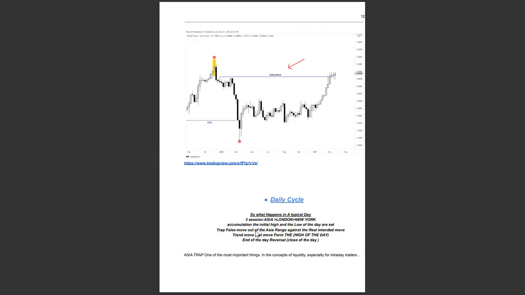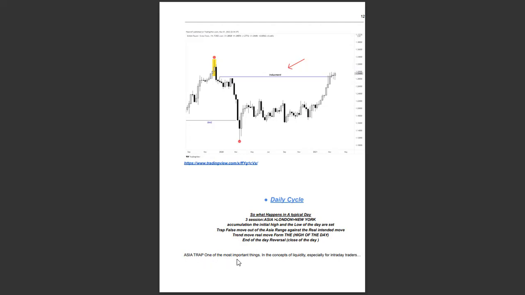Trap falls out of the Asia range, that means more like manipulations in the market out of the Asian range against the real intended move, right? Then the trend move, the real move, forms the high of the day, then the end of day reversal, close of the day.